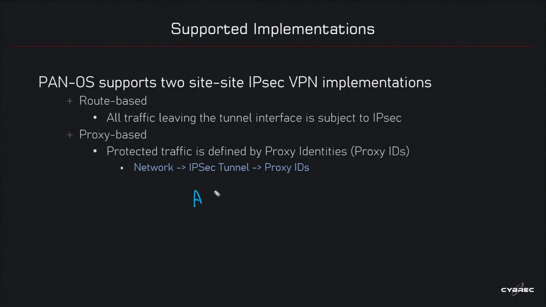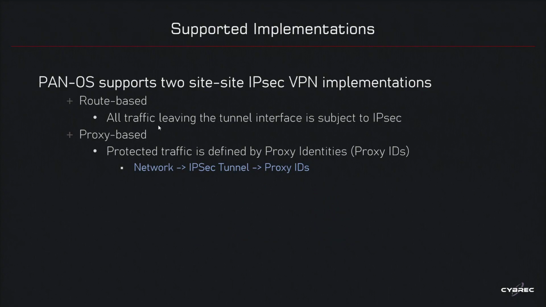So you basically say the traffic, let's say from network A to B, is what you want to encrypt, versus let's say from A to C, you want to send in clear, or basically just don't include it under the proxy identities or proxy access list, depending on the actual IPsec implementation, because different vendors use different naming schemes for this feature.